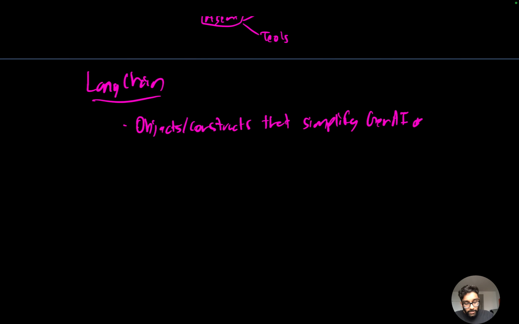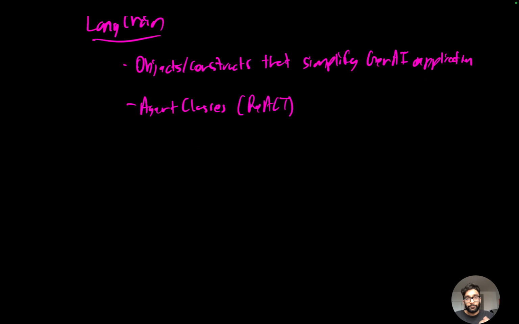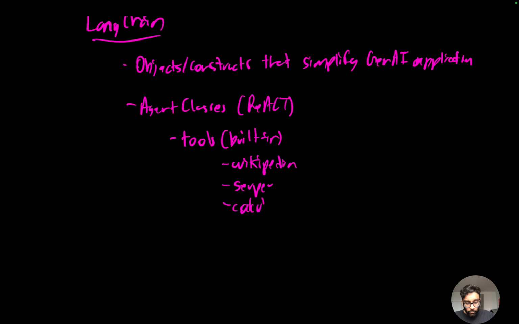Specifically within agents, there are managed agent classes that implement these React-based theories and backend logic. There are also built-in tools, which we'll explore, popular ones such as Wikipedia scraping, searching the web through something like Serper, and a calculator. We'll get started with a few of these in our hands-on demo today, to show you how you can configure tools for LangChain.